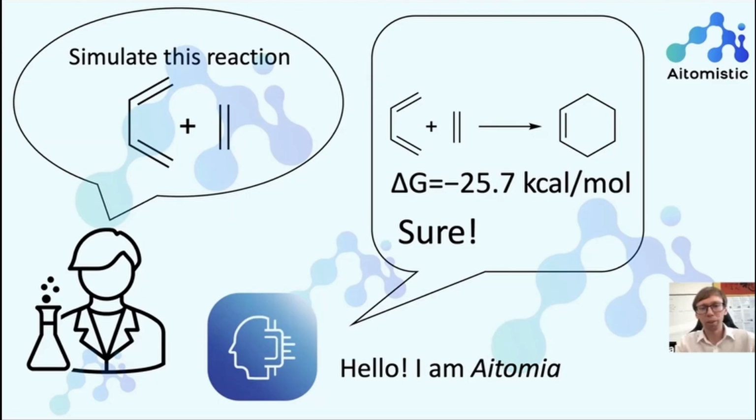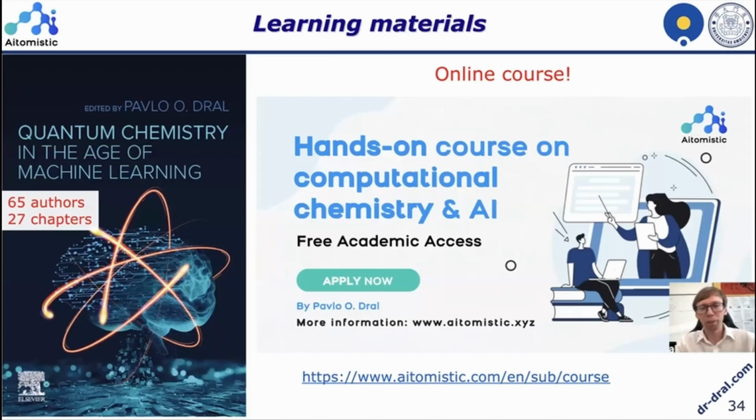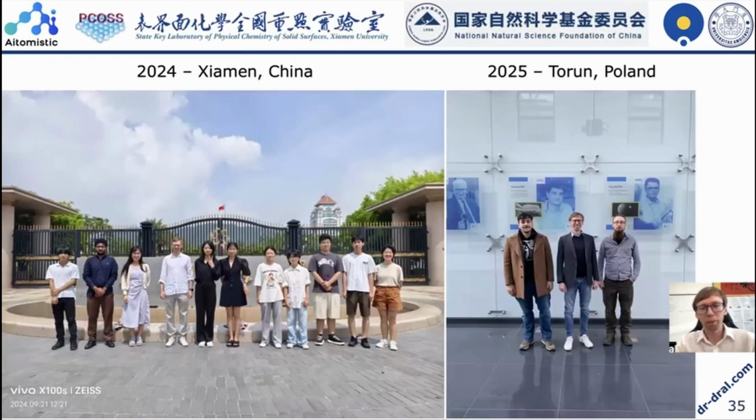Now it's becoming easier and easier with fully autonomous computational chemistry with AI. If you want to learn more, we have a book with 65 authors, but also an online course which I'd like to update from time to time with the newest information.